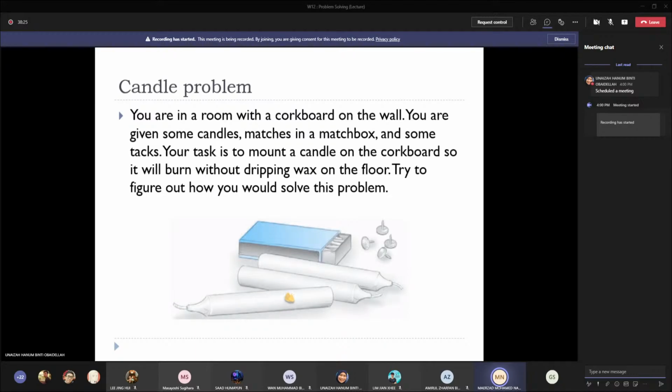It will be a six-sided cardboard box, opened up flat on the floor, and then you put a candle on it. Then you put the thumbtacks acting like the feet for the candle.